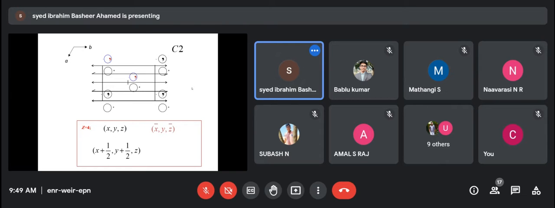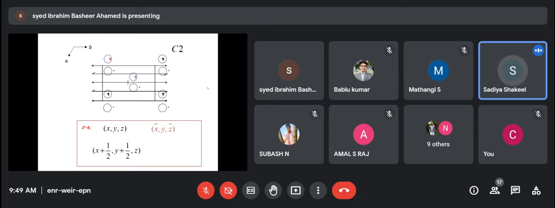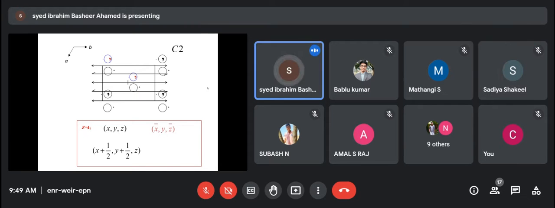Anybody? What will be the equivalent position for this? So X bar plus half, Y plus half, and Z. Is it?